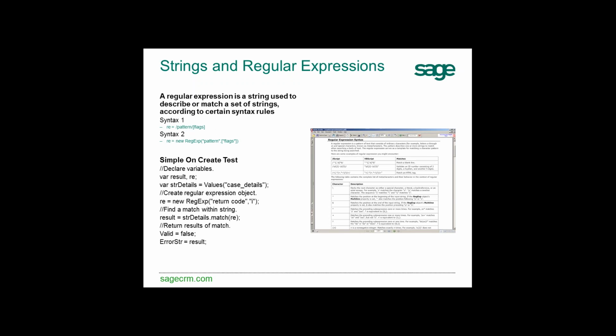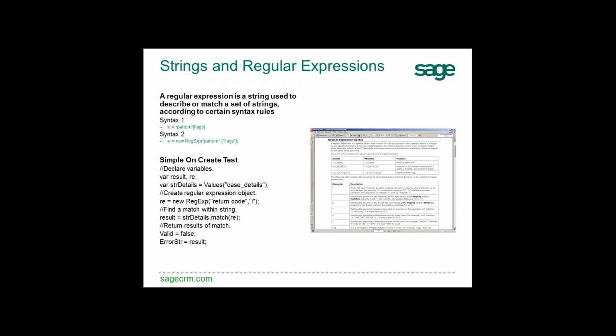We're going to be looking at regular expressions a little bit later on in the course, because we'll use that when we're using both on-change and validation rules, just to compare and contrast the use of regular expressions. But here, for example, you can see the concept of a regular expression using a regular expression object.